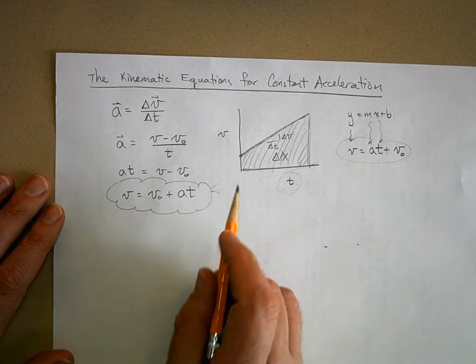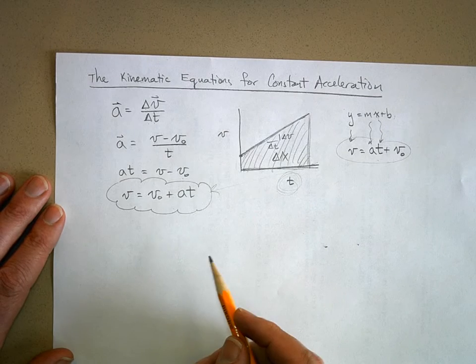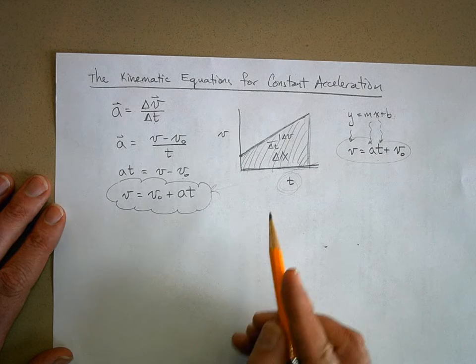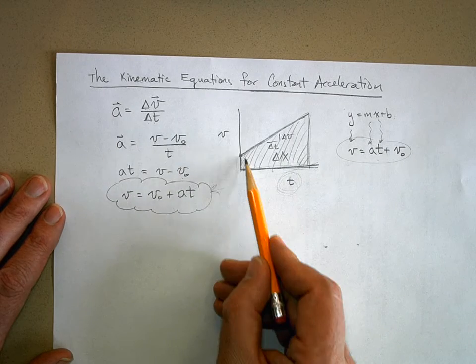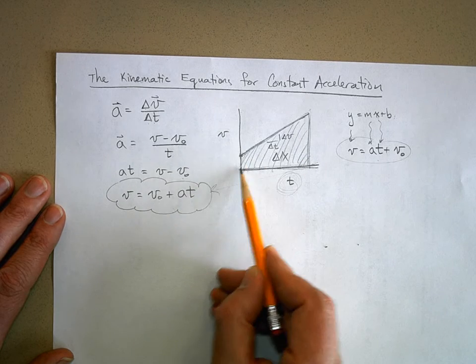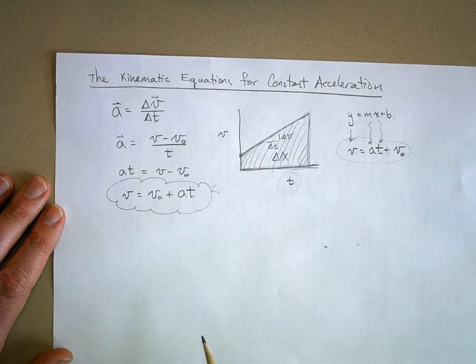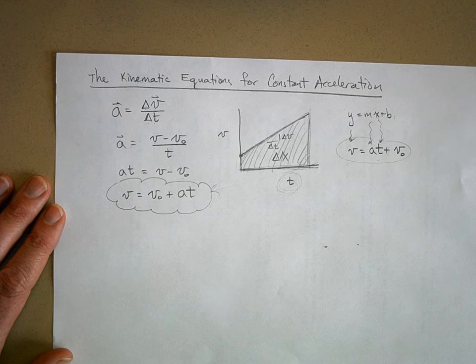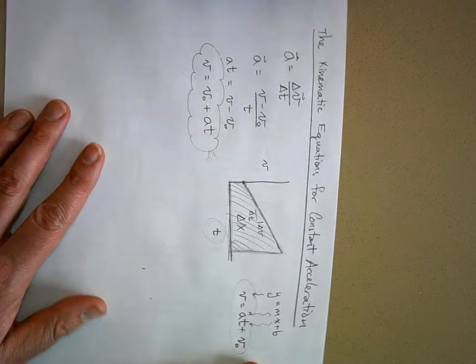The area underneath a velocity versus time graph is displacement. Okay? Now, what shape is this?